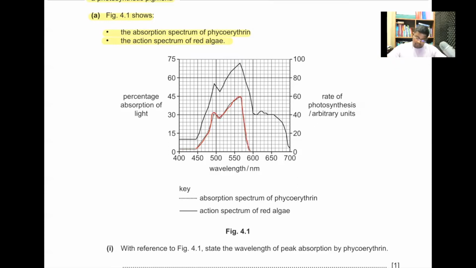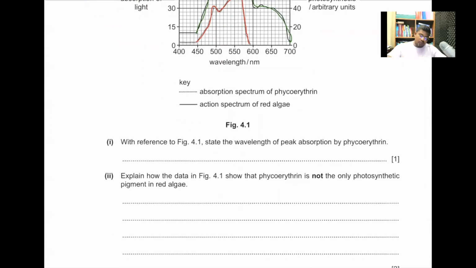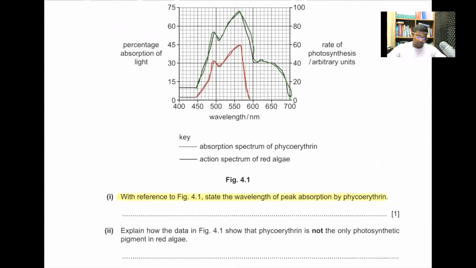However, the rate of photosynthesis, the action spectrum of the red algae, can be seen to start from 440 nanometer, almost the same spot as that of the absorption spectrum of phycoerythrin. However, it stretches until 700 nanometer.